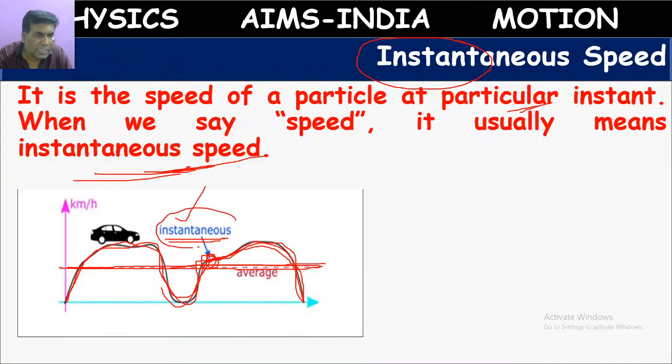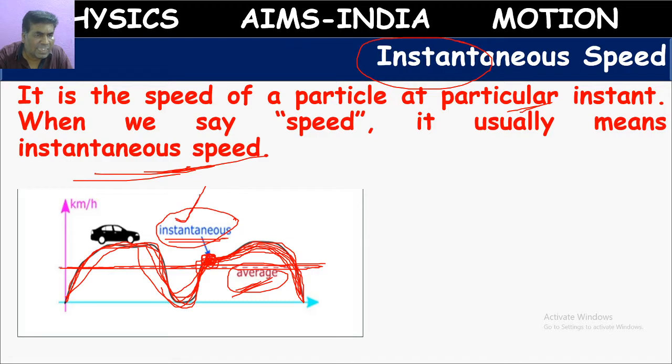So instantaneous speed never depends on the whole journey of the car. It depends on only that particular instant. Whereas average speed depends on the throughout journey of the car, because average speed means total distance by total time we have to take.